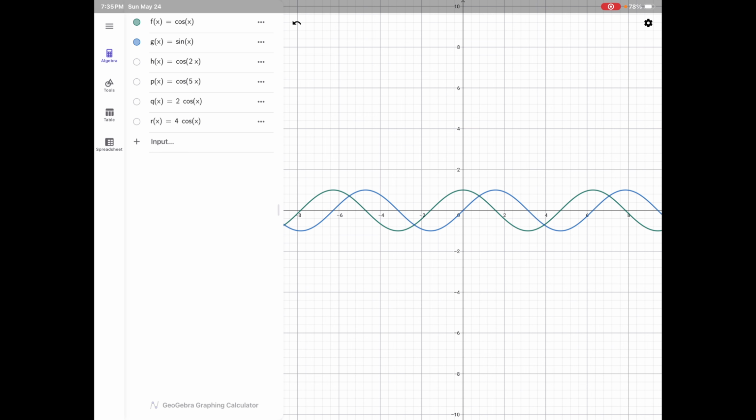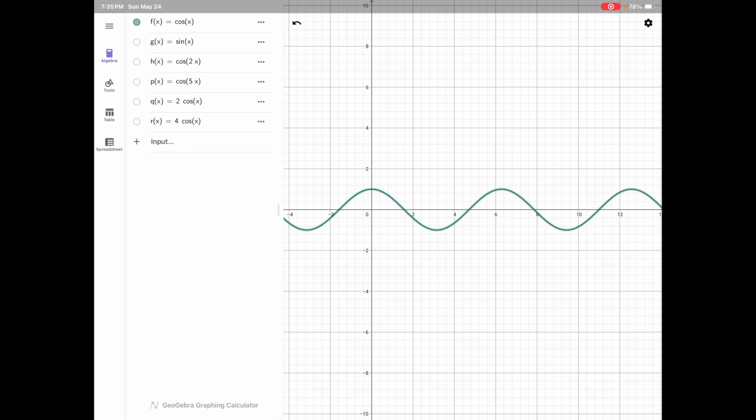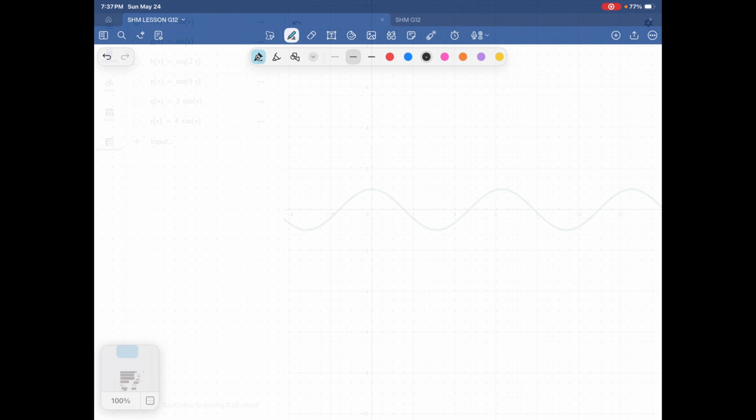For the sake of not mixing the ideas up, let's just take the cosine now. It goes from 1 to minus 1, and forever repeats itself. So now we can describe the position as a function of cosine moving with respect to time.